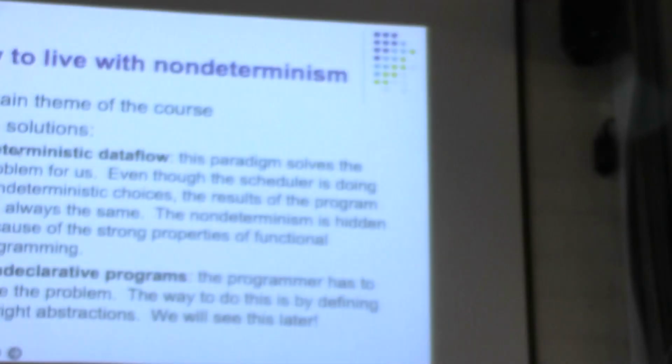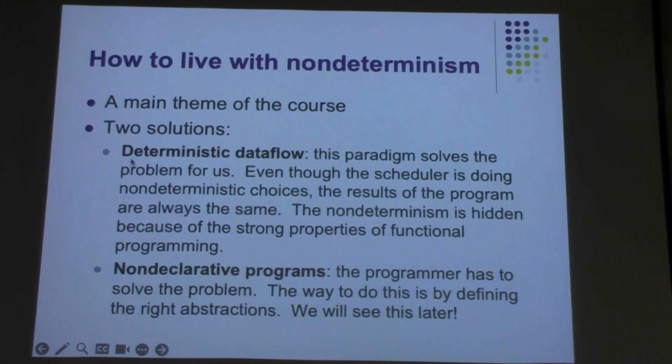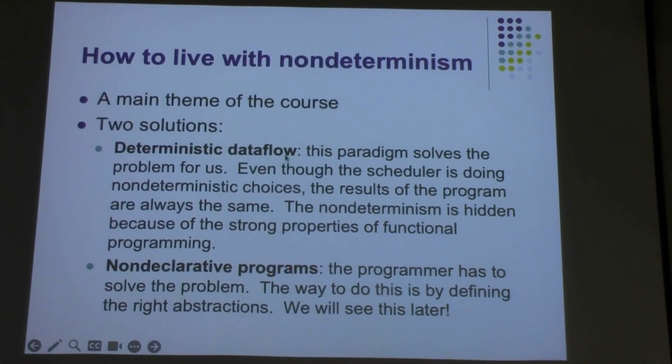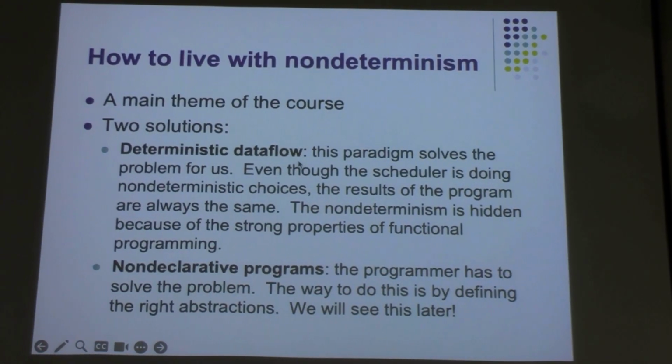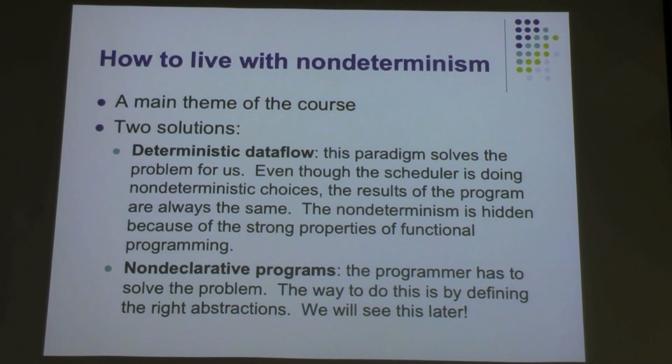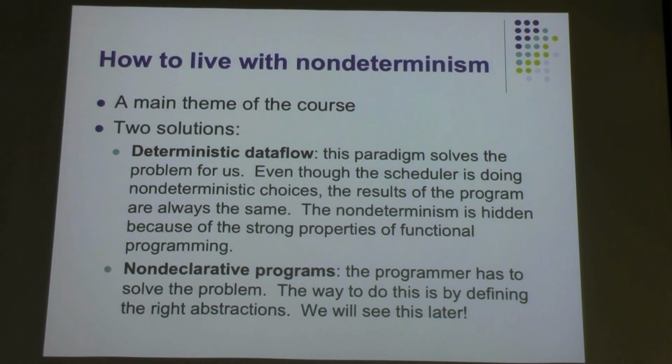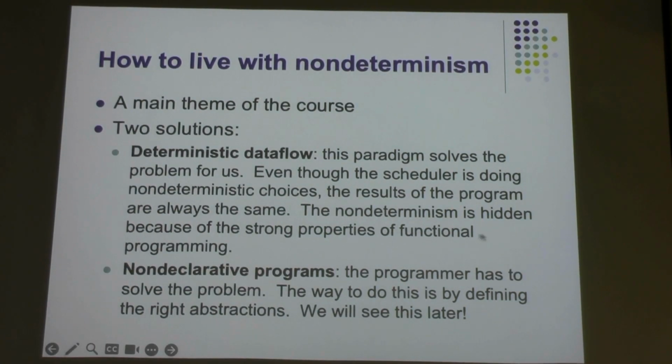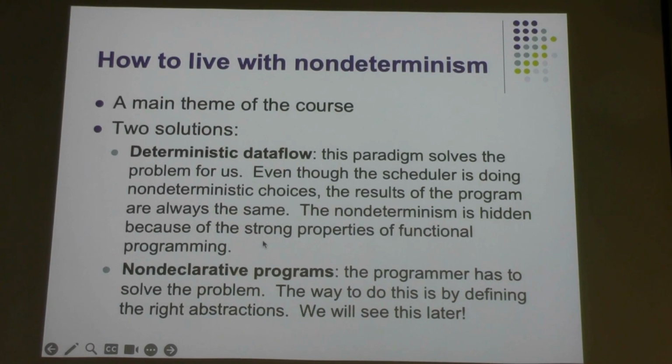So how do we do it? Well, we have already one solution: deterministic data flow. This is actually solving the problem by design. The non-determinism is hidden because of functional programming, because this is functional.